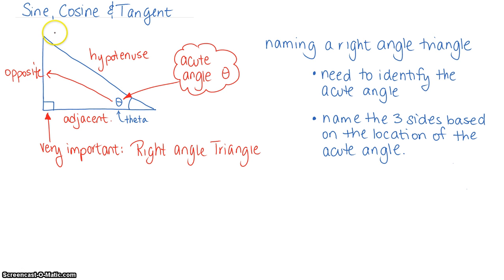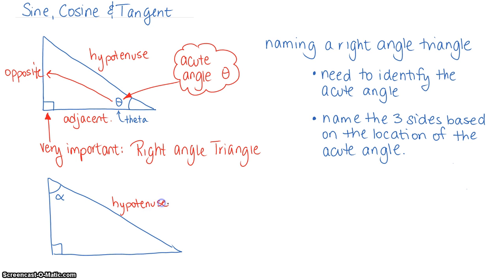Now if I was looking at the other angle, so if I had the exact same triangle, let's say I can draw it exactly the same, there's our 90 degrees. Now let's say we were looking at this one and we're going to call it alpha, just to give it a different name. It's the other acute angle. Now when we're naming this triangle, the hypotenuse is always going to be the hypotenuse, no matter which of the acute angles we're looking at.